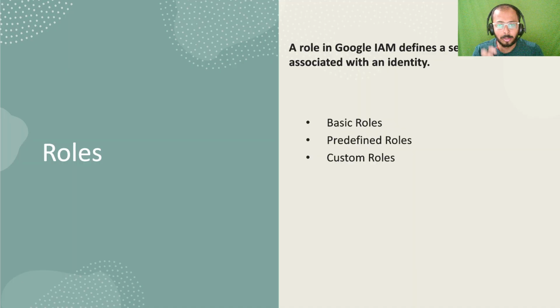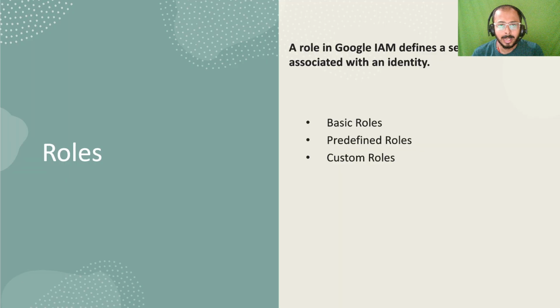Mainly there are three types of roles available in Google Cloud. First one is called basic roles, second is predefined roles, and third one is custom roles. For basic roles, there are three roles under this category. First one is called owner, which has all the permissions on your Google Cloud project.